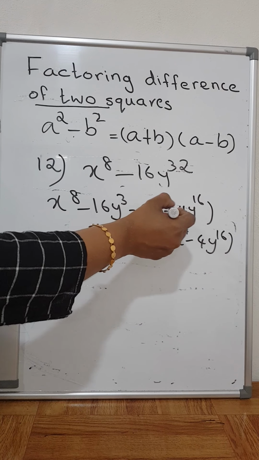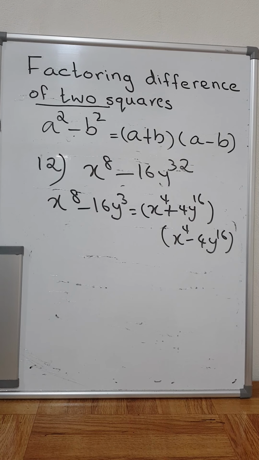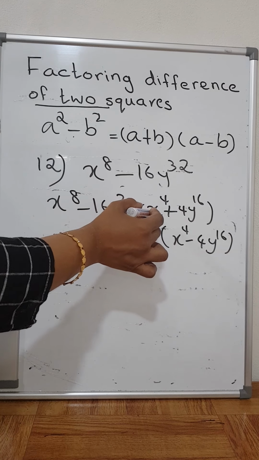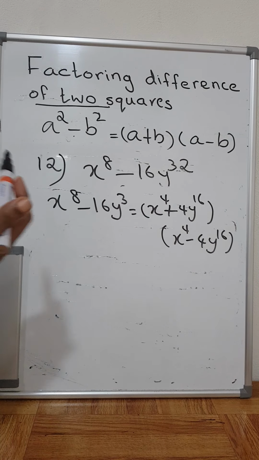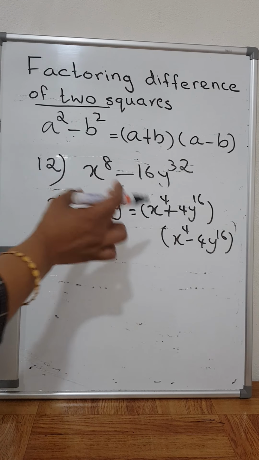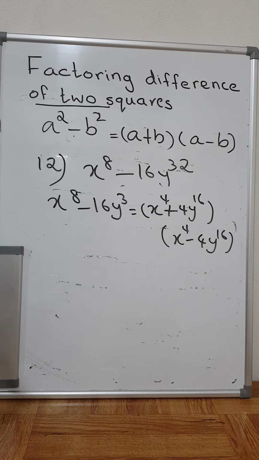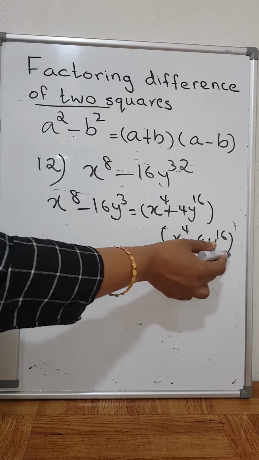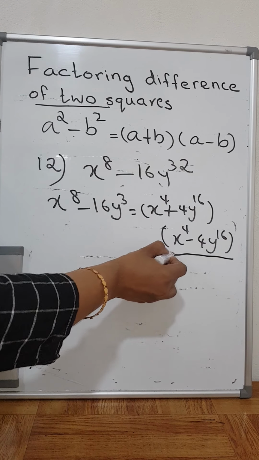This part is a sum of two squares. Always remember, we cannot factorize a sum of two squares further because we can call it prime, the most factorized form. Now this is a difference of two squares. We can try factorizing this one again.